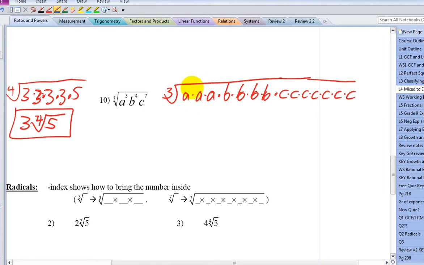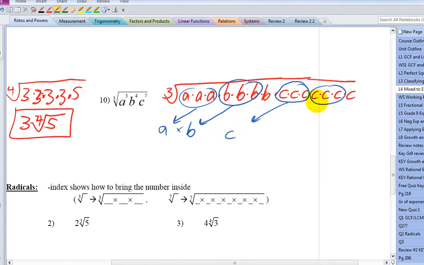Groups of 3. So we can take out a single A. We can take out a single B. And there'll be 1 remaining. We can take out 2 C's. And then what's remaining? A single B and a single C.